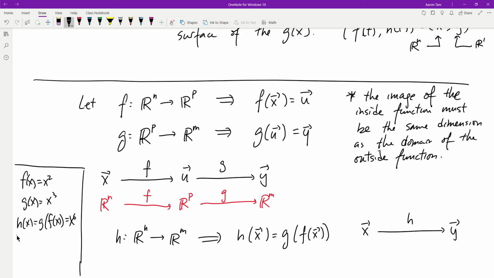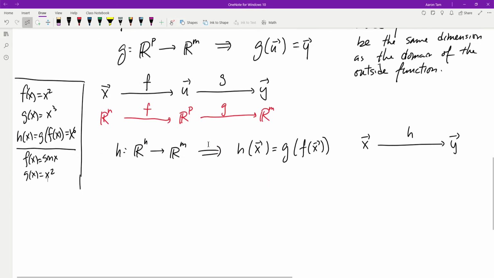As compared to something like f of x equal to maybe sine x, and then g of x is x squared. Then in this case, h of x can be written as a single function, sine squared of x, but when you evaluate it functionally, you still have to evaluate first sine x, then square.